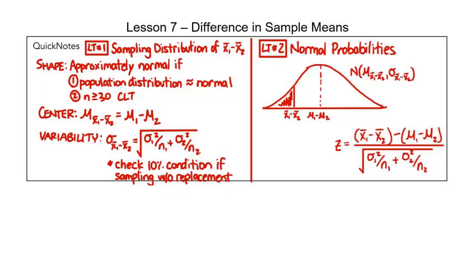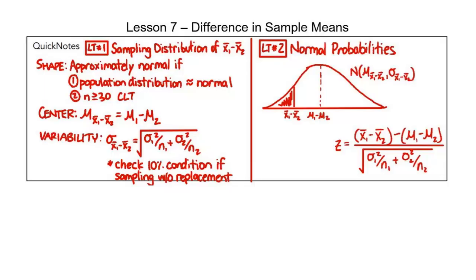When we have proportions, p, p hat, when they give you percentages, we check for normality with large counts. N times p greater than or equal to 10, n times 1 minus p greater than or equal to 10. Number of successes is at least 10, number of failures is at least 10.